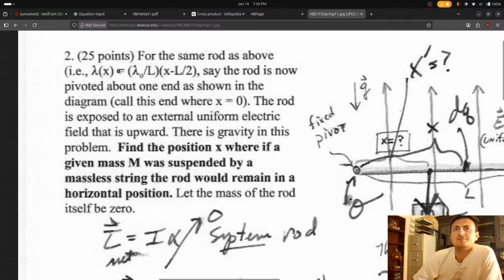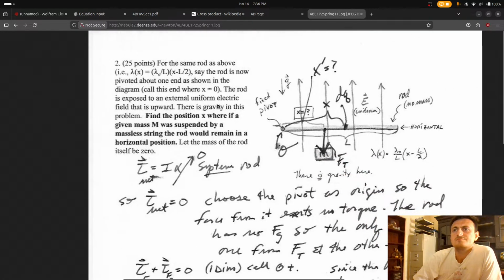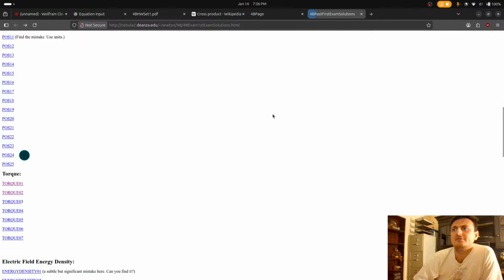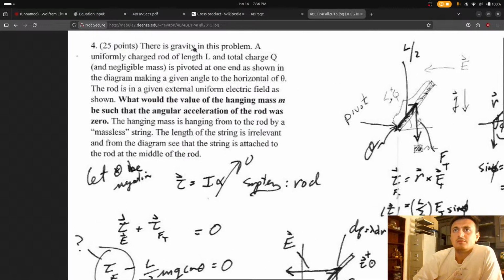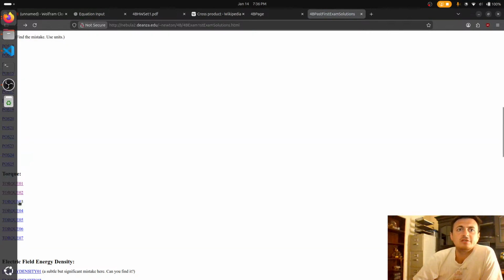What does this mean? The problem is this is some E field thing. Yeah, all these are E fields.